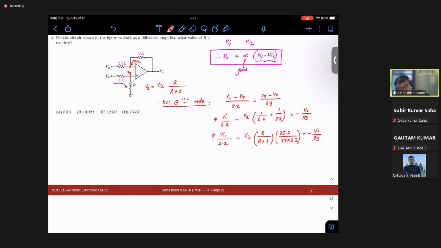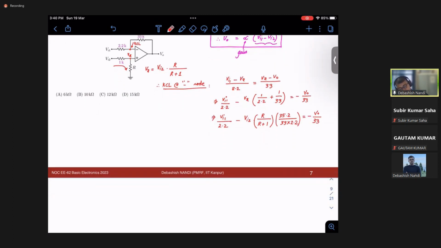So to act as a difference amplifier, you should have it in this form, equal to V naught, right?